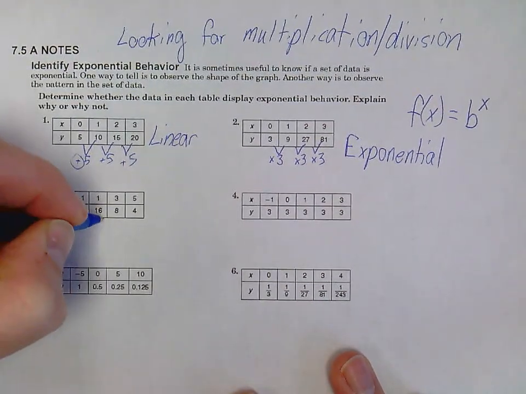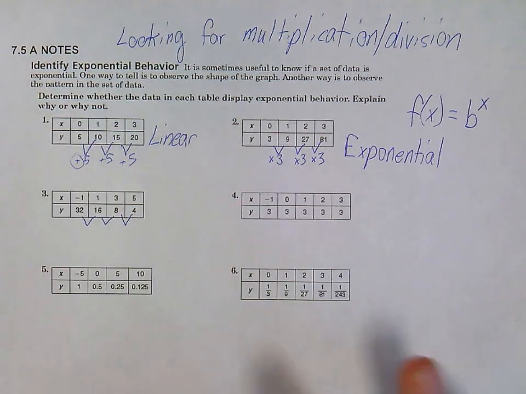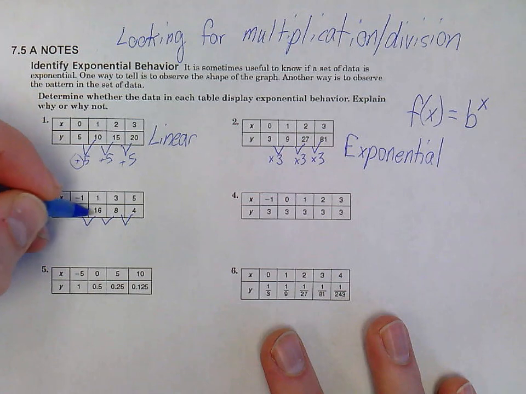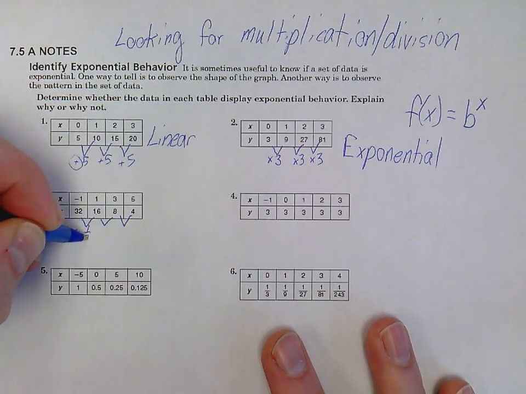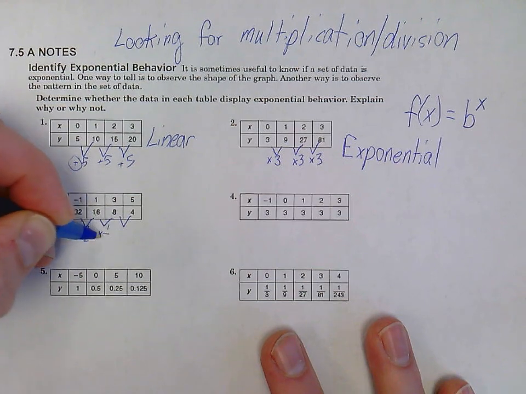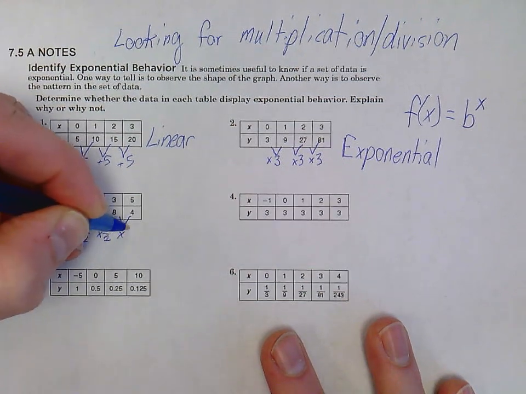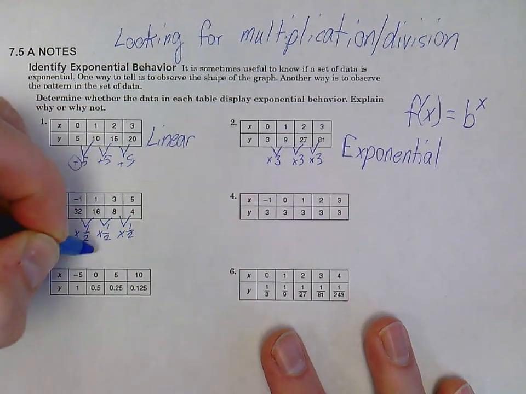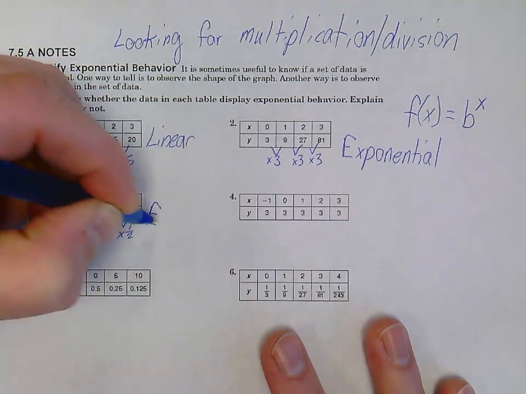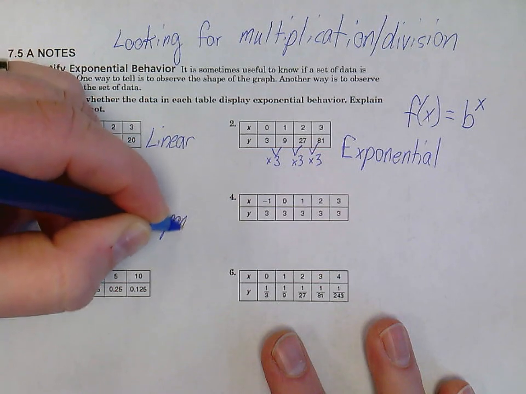Okay, what is happening here? Well, just take a second and look and see what's happening. It looks like I'm dividing by 2. Dividing by 2. I'm going to say I'm multiplying by 1/2, because I like to think of exponentials as always multiplication. Because I think that makes it easier to write equations eventually.